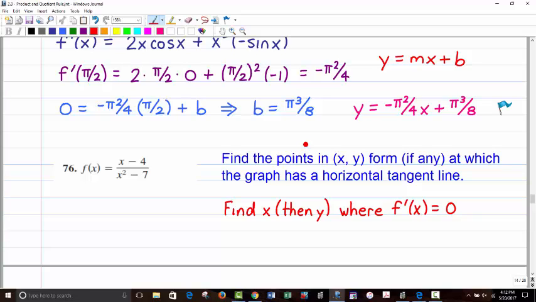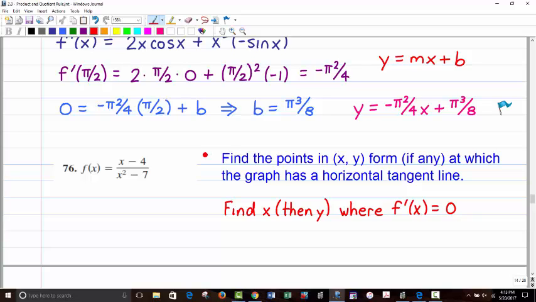When it says find the points, that means you have to go back and get the y. Sometimes people will make mistakes and plug it back into the derivative. Always remember that to get a y value, you plug your x into your original function, not any kind of derivative. It goes into the original function.